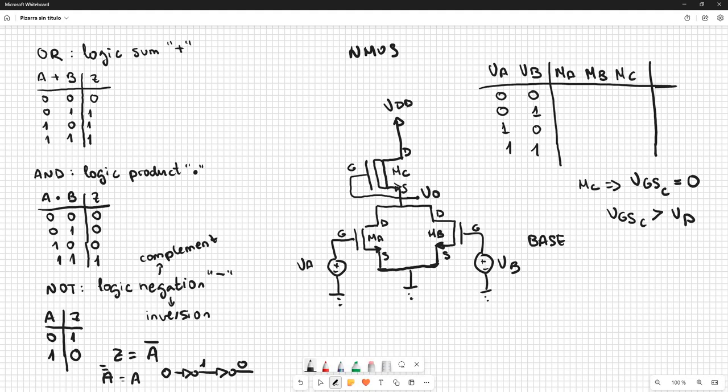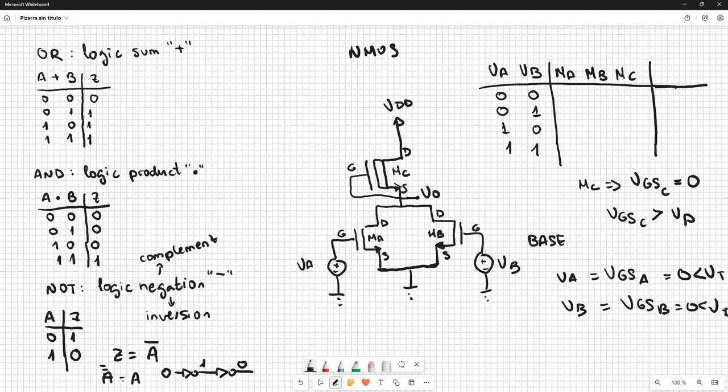In the first case, both transistors are in cutoff, because input A is the voltage between the gate and source of transistor A, and input B is the voltage between gate and source of transistor B. So if both are 0, they are smaller than the threshold voltage, so we don't have a channel.